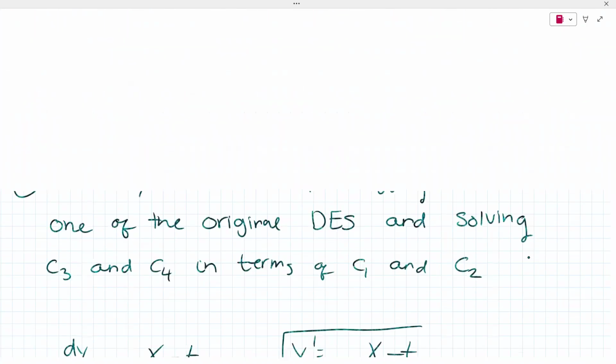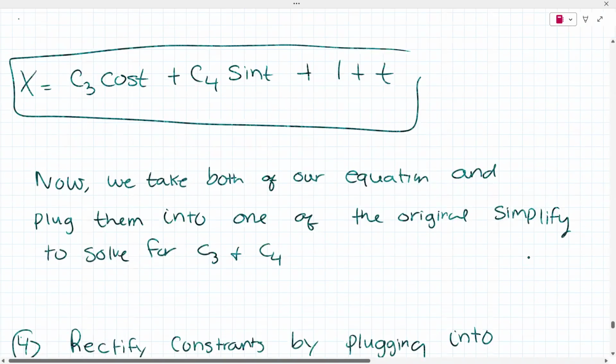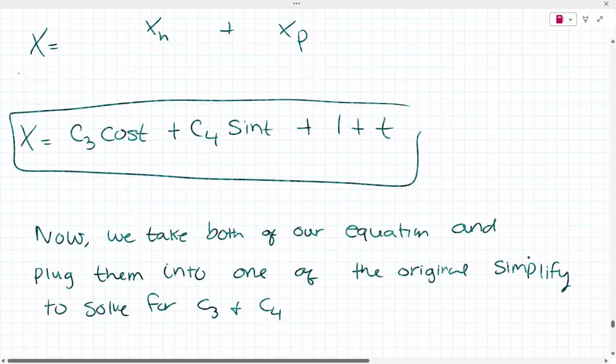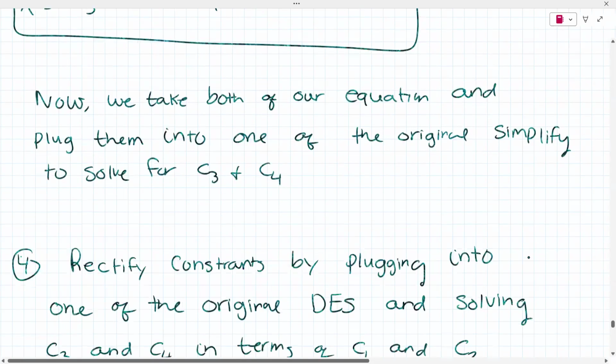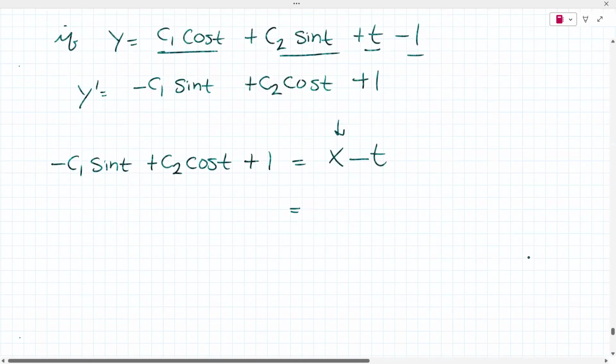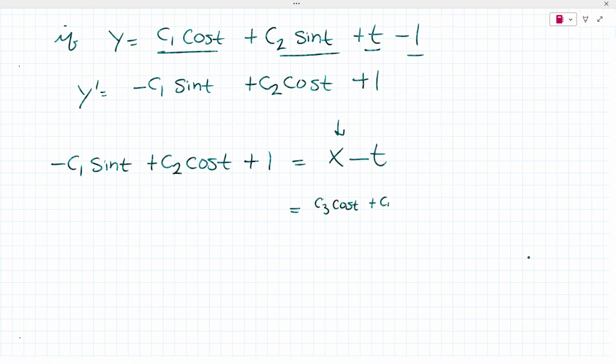We just solved that x is c3 cosine t plus c4 sine t plus 1 plus t, minus t.